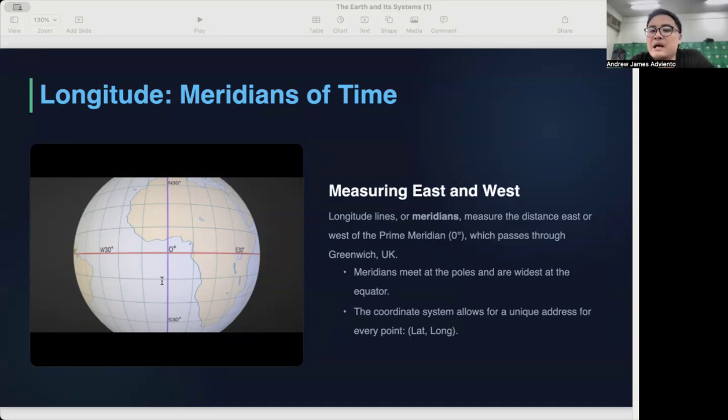By combining a latitude number and a longitude number, we get what we call the coordinates. It is the digital address for any spot on the planet, from the top of Mount Everest to our front door.